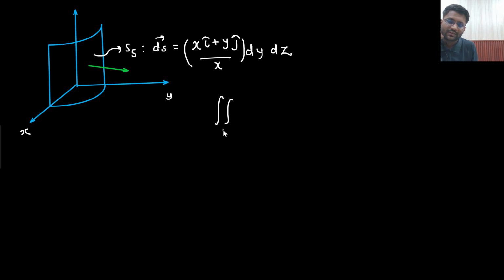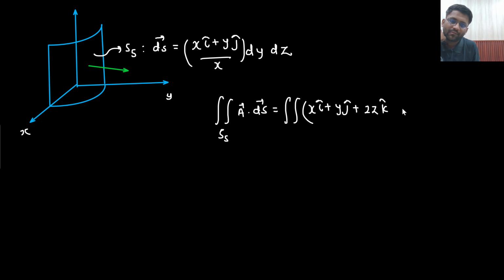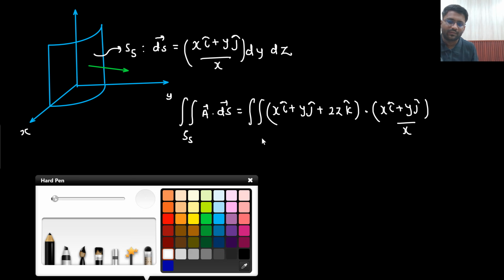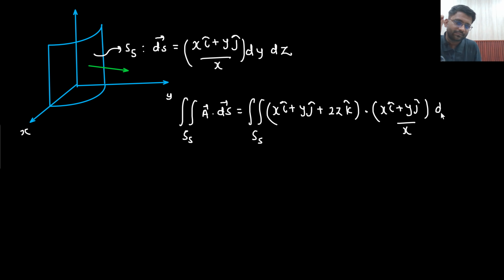For S5 surface, A dot ds. What is A? Xi cap plus yj cap plus 2z k cap, dot product with xi cap plus yj cap divided by x dy dz, for S5.